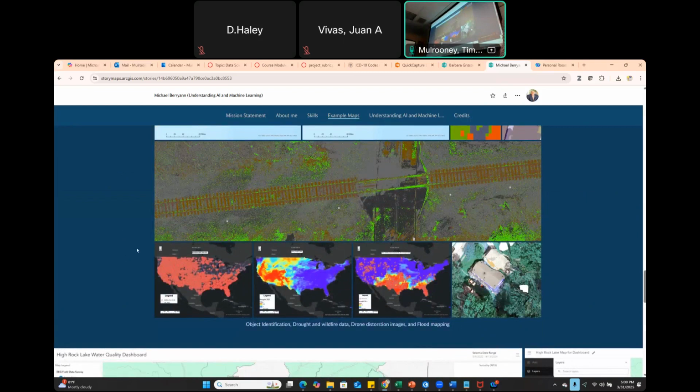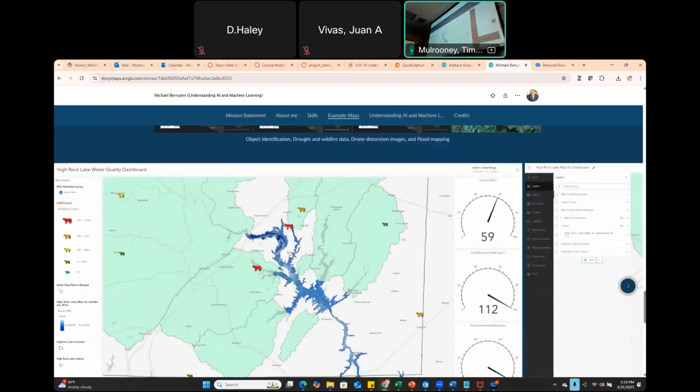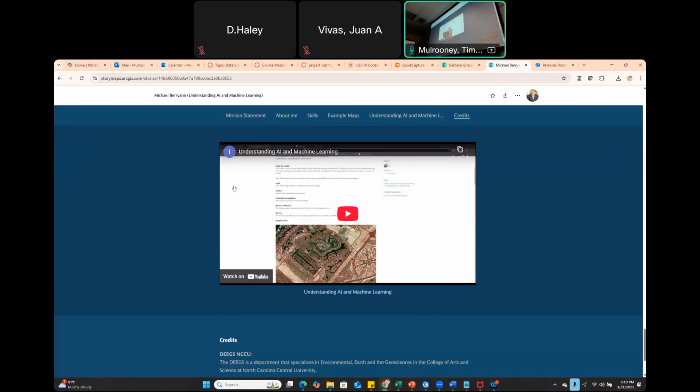This is some AI/ML work, because we were looking to see if we can detect railroads from drone imagery. So these are some of the things he's created, and I'm pretty sure he created a nice little video right here on understanding artificial intelligence and machine learning applied to GIS.